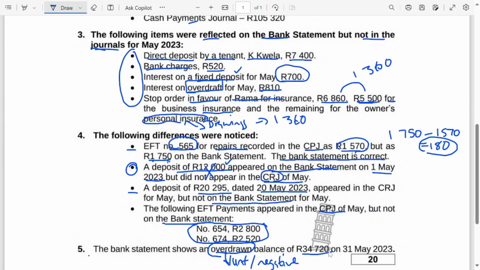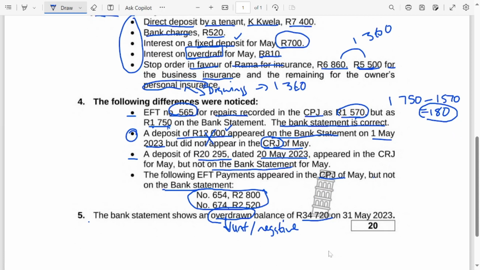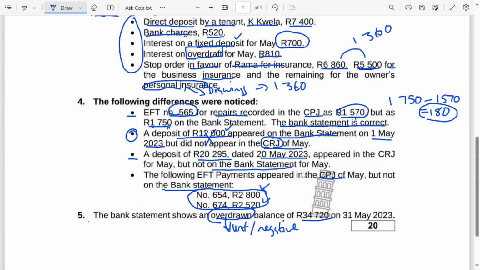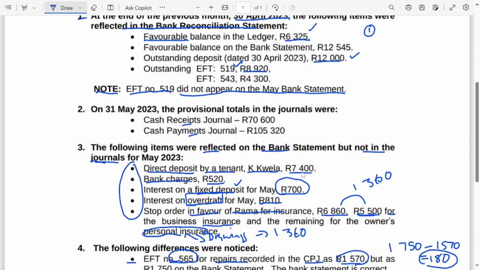The EFT here is 2,800 and the 2,520, right? And then the EFT of 519, it was 8,920.